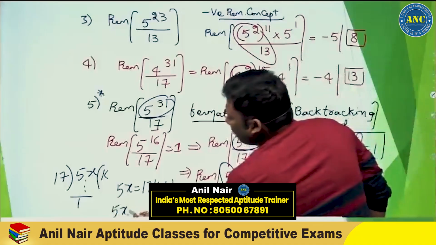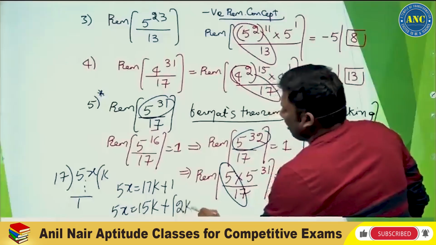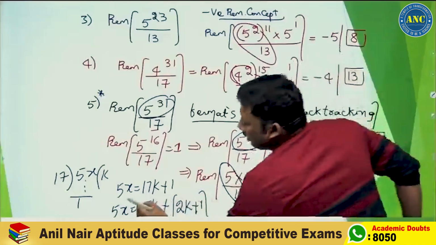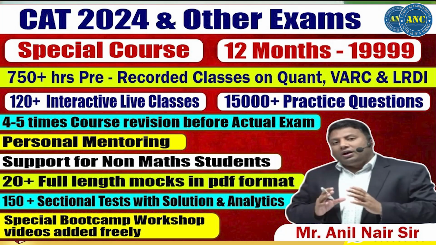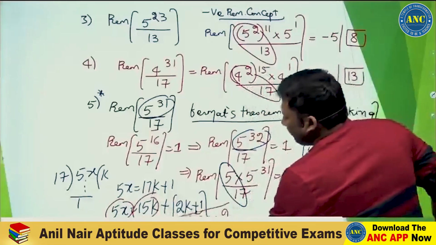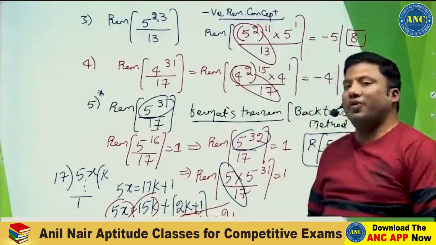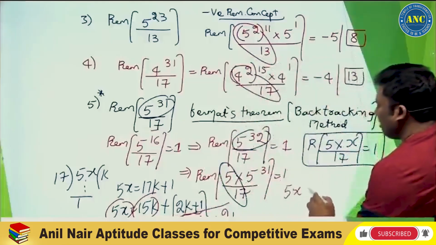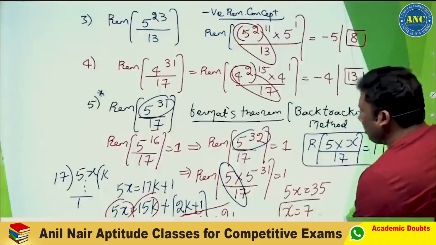So 5x is nothing but 15k plus 2k plus 1. 15k is divisible by 5, so 2k plus 1 must also be divisible by 5. So k minimum has to be 2. Why? Because 2k plus 1 equals 5, 2k equals 4, k is 2. With k minimum 2, 5x is 35. X value is nothing but 7.